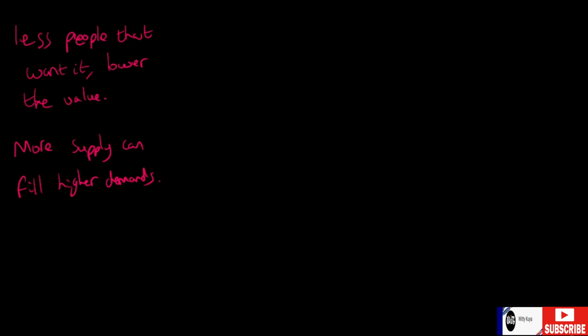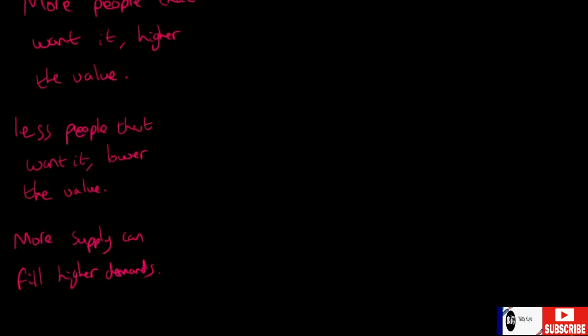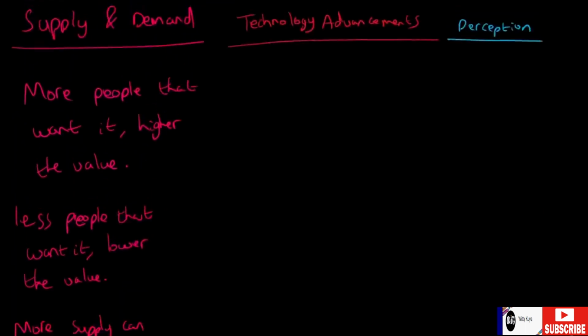But if the supply is increasing immensely, but the demand isn't increasing as much, or isn't increasing at all, then the actual price will go down. So pretty basic stuff. If people want it, a company can charge more, the market will automatically shift and have a higher value.